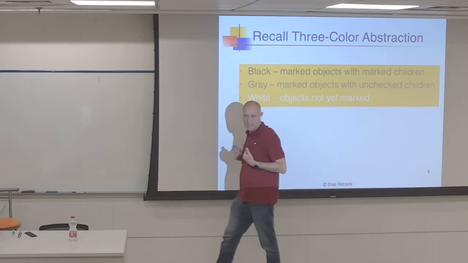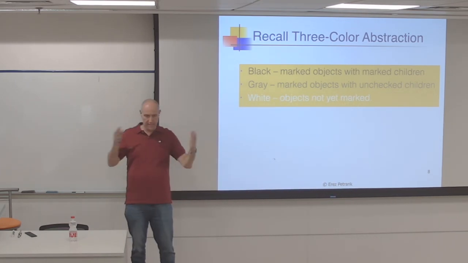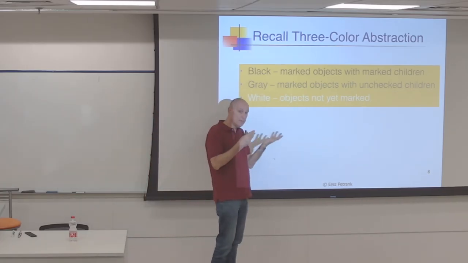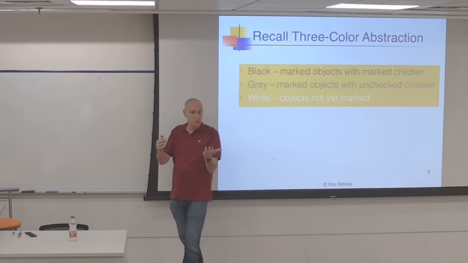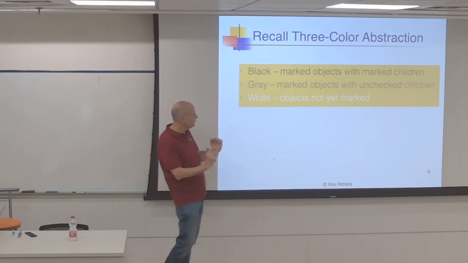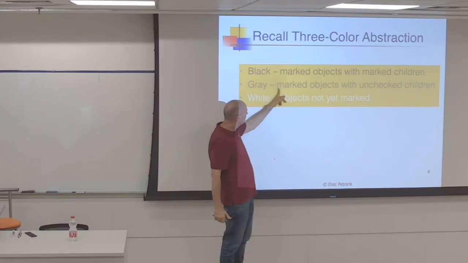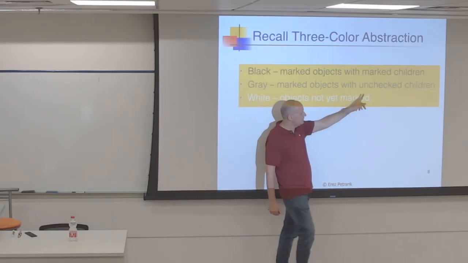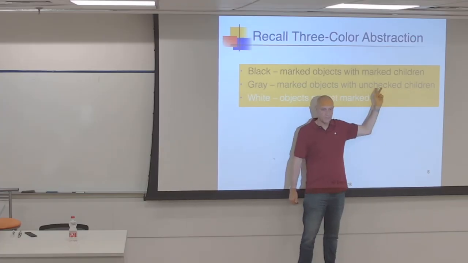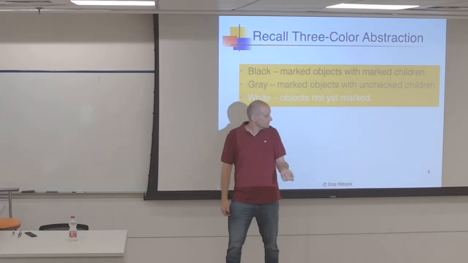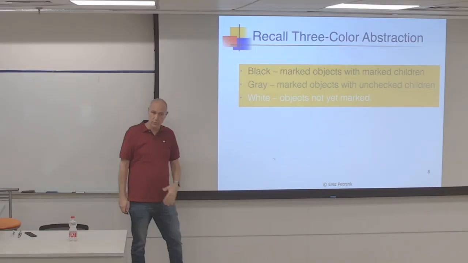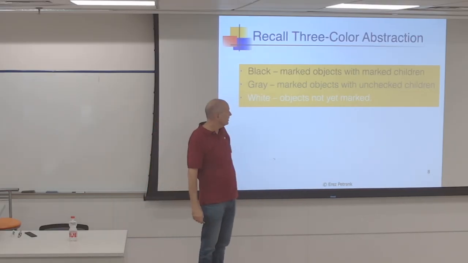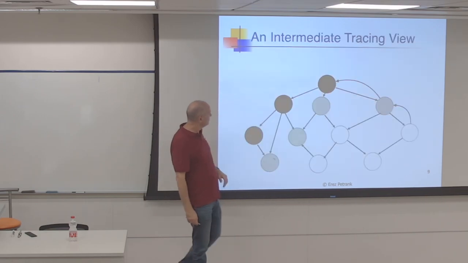So we have black objects that we have marked, and we have put maybe the children in a mark stack, or we've seen them. We'll not miss them in this collection. Gray are objects that we've seen, but we did not traverse their children. So we still have to work on them. And white are objects that we have not yet seen. So this is what we're going to use in this traversal.